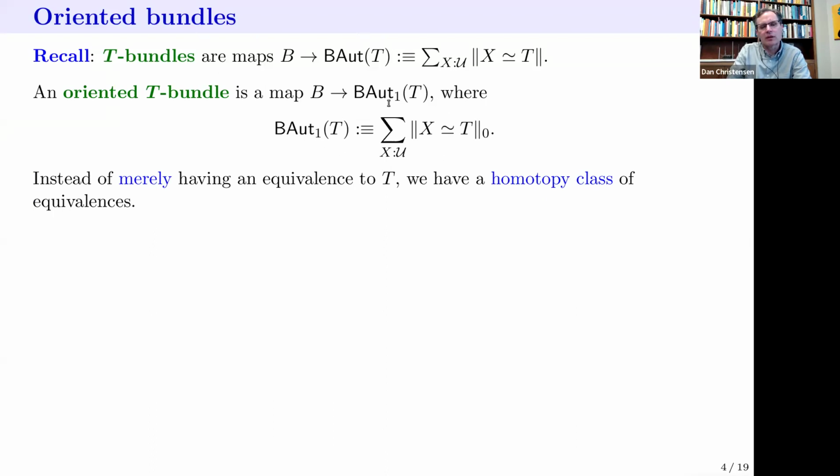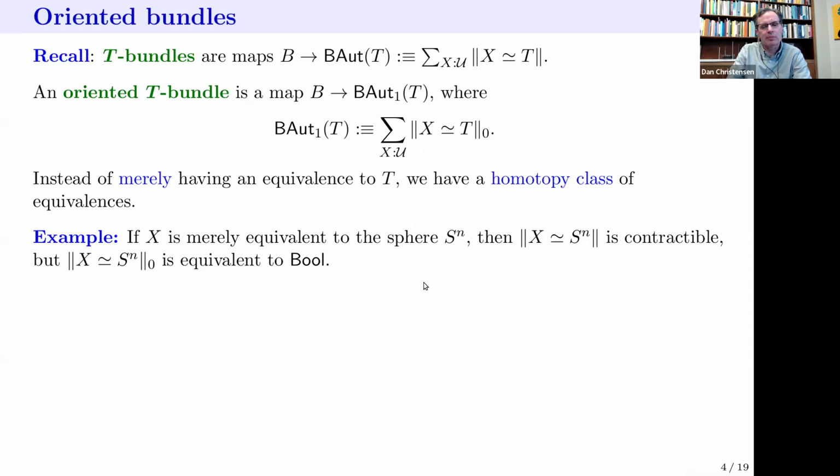So B Aut_1 of T consists of a type, but instead of just merely having an equivalence to T, I have a homotopy class of equivalences. So I've changed the -1 truncation to a set truncation here. So that is not just remembering that there is an equivalence, but it's saying I know it up to homotopy. Okay. So a little bit more information is being stored here.